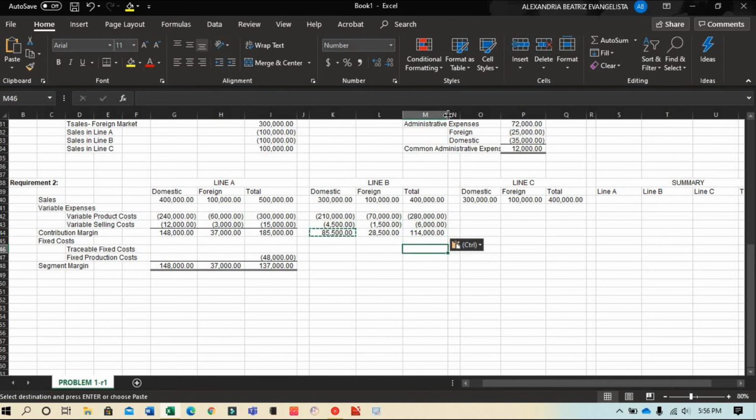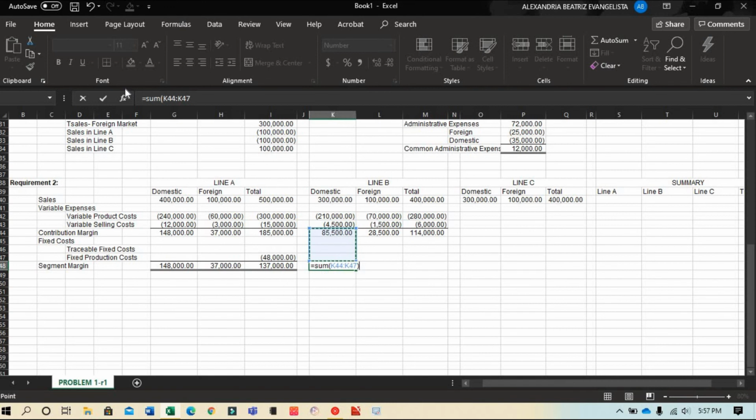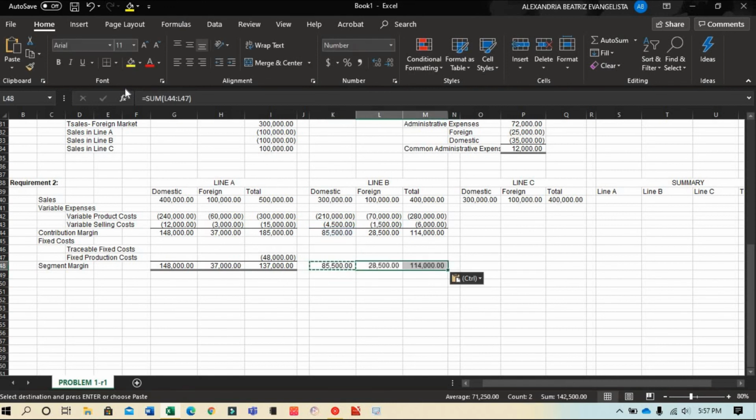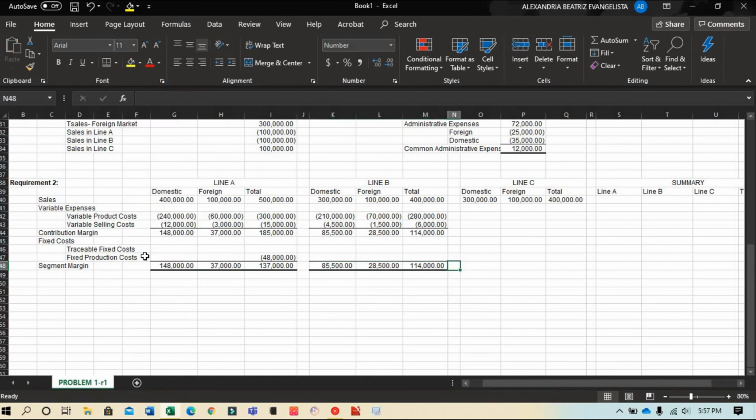And then there are no traceable fixed costs under line B. So it means that our contribution margin is already our segment margin.